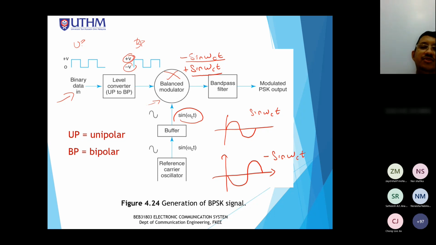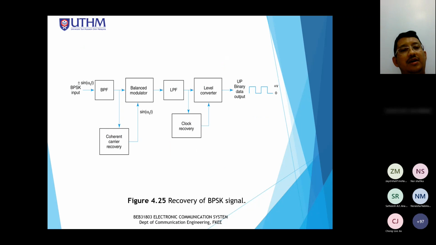So either this one we're going to transmit. Either we transmit negative sine omega ct for input logic 0, or positive sine omega ct for input logic 1. Now we talk about the receiver side. At the receiver side, we receive either a positive sine or a negative sine.